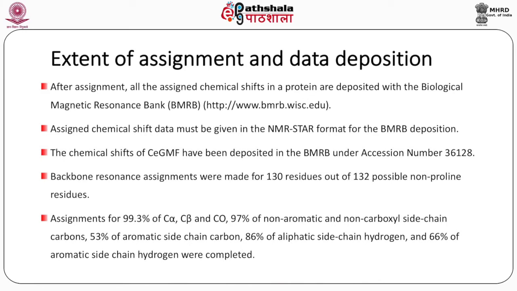The chemical shifts of C. elegans GMF have been deposited in the BMRB under accession number 36128. Backbone resonance assignments were made for 130 residues out of 132 possible non-proline residues.